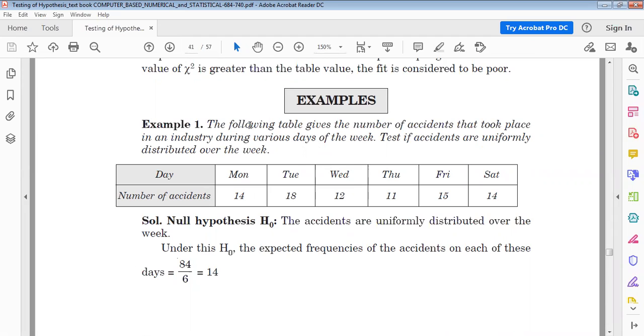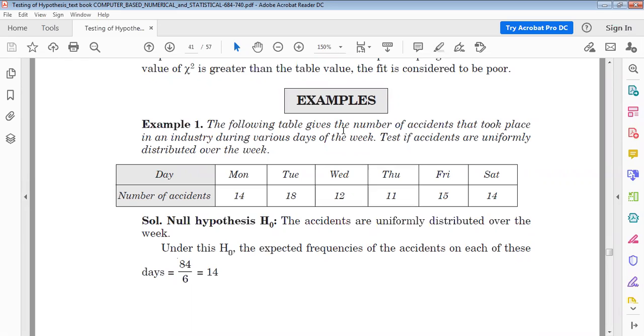First of all, example 1. The following table gives the number of accidents that took place in an industry during the various days of the week. Test if accidents are uniformly distributed over the week. We have to test whether the accidents are happening regularly or not.